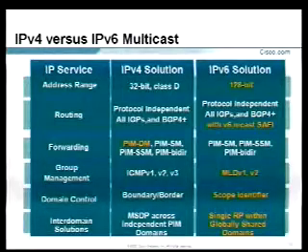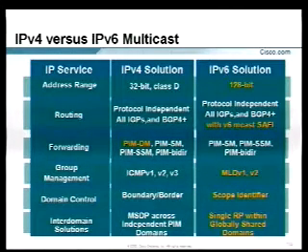There are some obvious differences between V6 and V4 multicast. One of the differences to be aware of, if you're not familiar with the terms, is with V4, I've talked about IGMP, Internet Group Management Protocol, where the hosts send the reports. In V6, it's referred to as MLD, Multicast Listener Discovery.